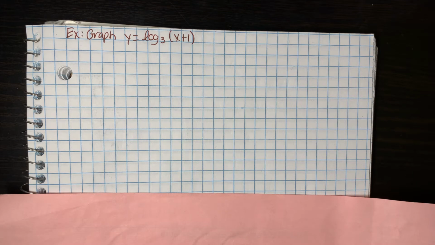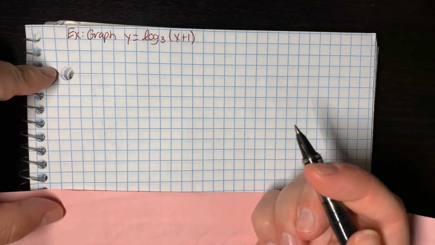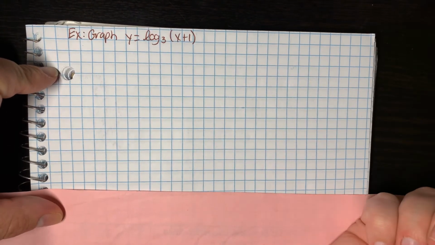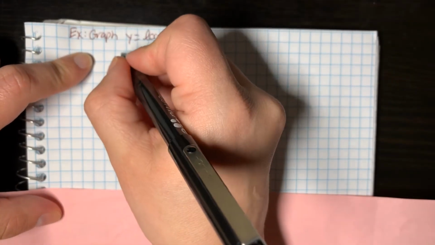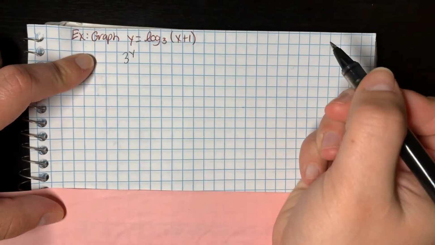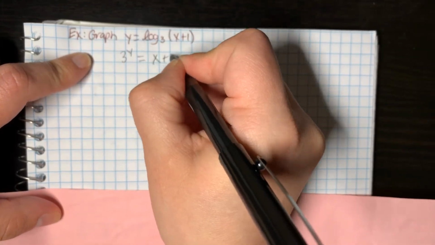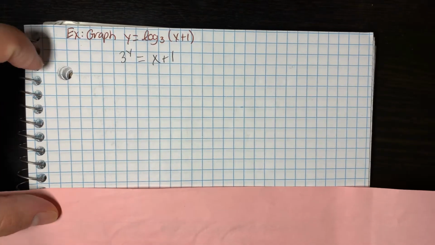We're going to talk briefly about it. You'll have one to practice on your homework because I want you to see it, but we're not going to go deep into this, okay? So the first thing that you would do is write this as an exponential. So we would say 3 to the y equals x plus 1.